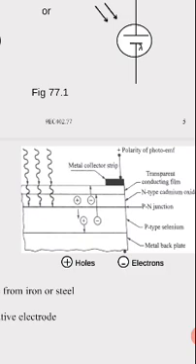And because of P-type layer and N-type layer other side, there will be formation of PN junction.